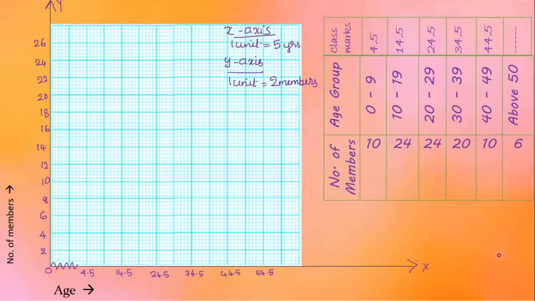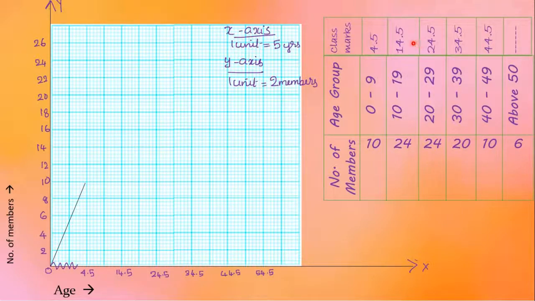Now we are going to construct the frequency polygon from the given distribution. When we construct the frequency polygon, we will start from the point 0. Here for the first class mark 4.5, the corresponding frequency is 10. So corresponding to 4.5 is 10 here. So we can mark a point at 10 and draw a straight line joining 0 and 10.